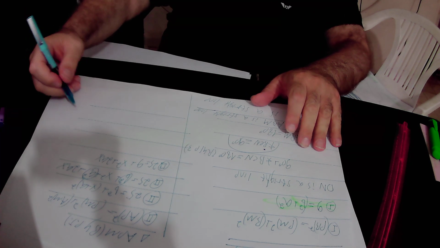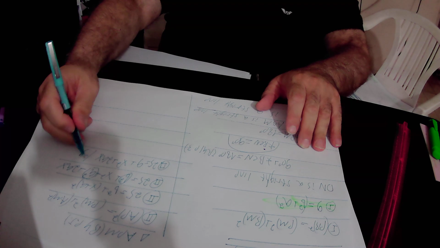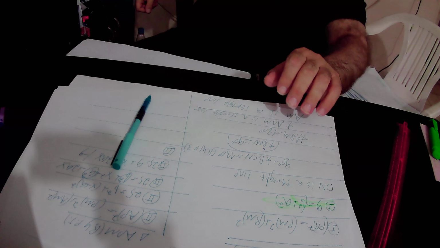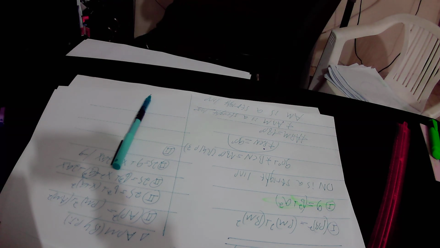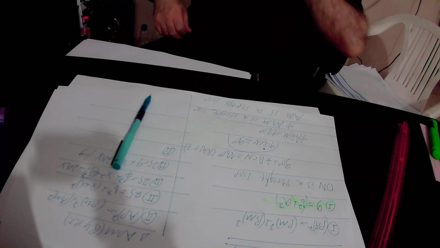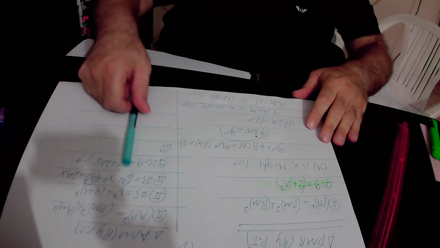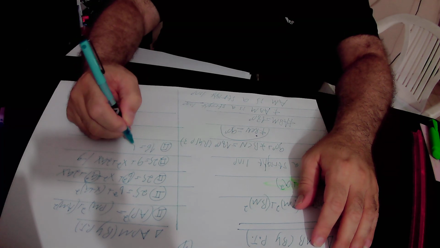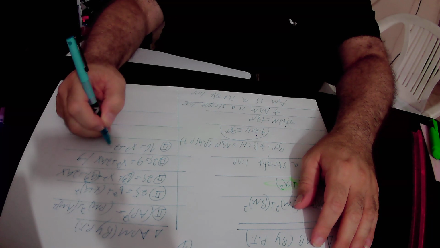Here we subtract 9 from equation number 2, and we get that 25 minus 9 is 16, that is equal to X squared plus 2AX.